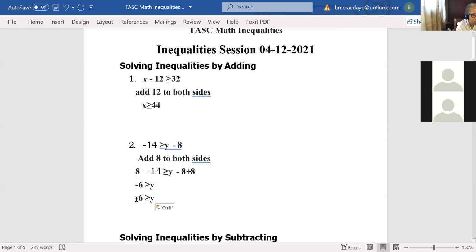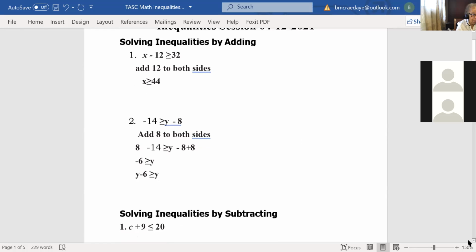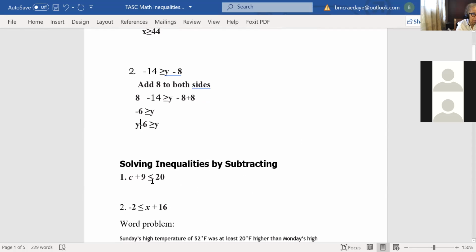And that would be y, and instead of greater than, it's going to be less than, right? Less than or equal.